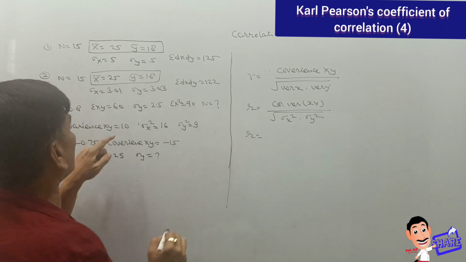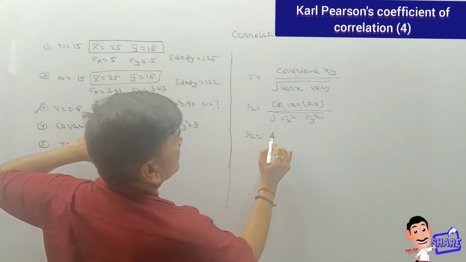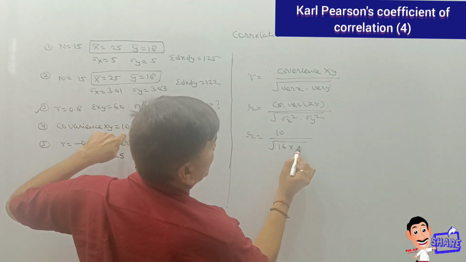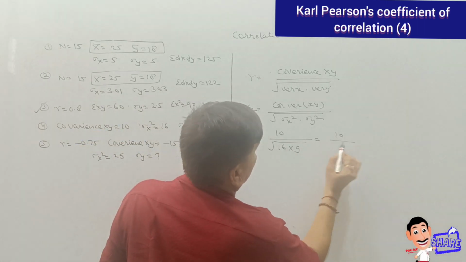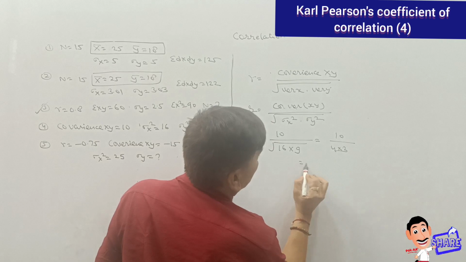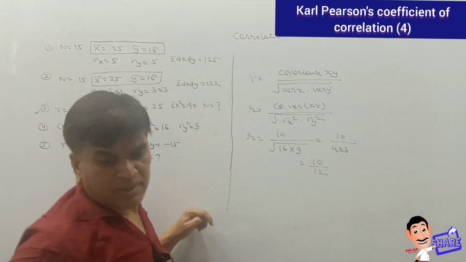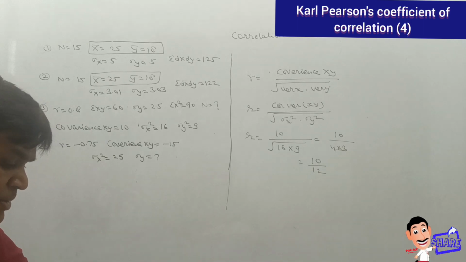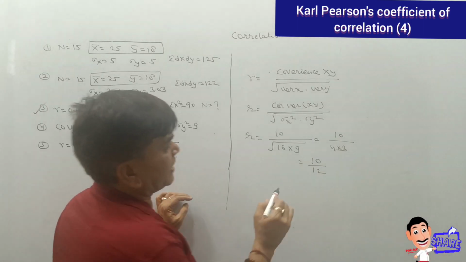So here covariance is given 10 and both values are given, 16 multiply 9. So 10, this is 4 multiply 3, so 10 divided by 12. So value of r you can calculate, 10 divided by 12, so value of r is 0.83.